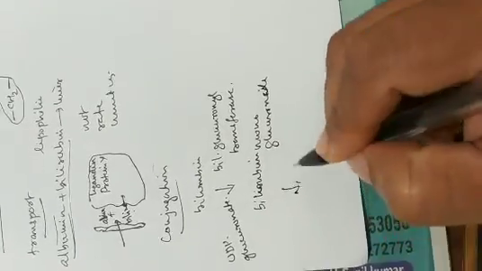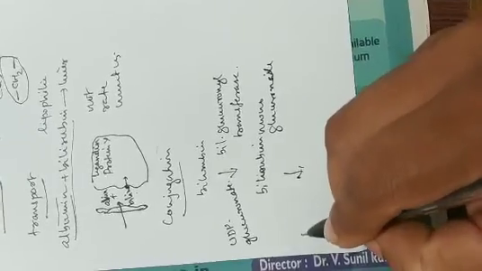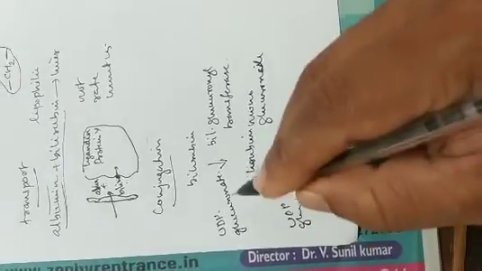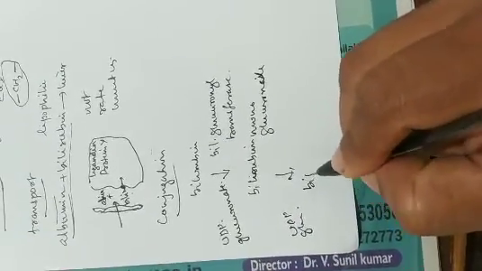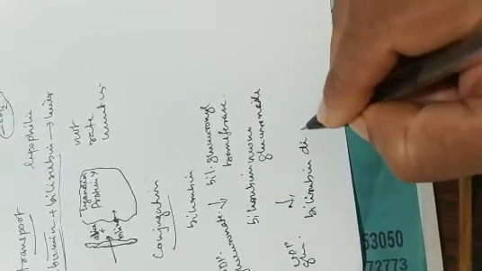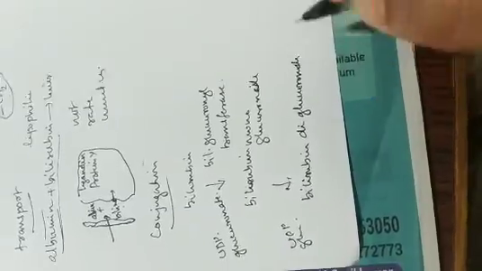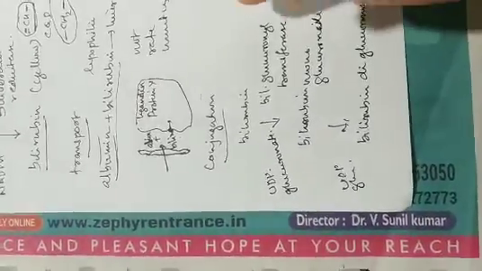And then again with the help of same enzyme bilirubin glucuronyl transferase, it accepts one more molecule of glucuronide from UDP glucuronide, forms bilirubin diglucuronate. So this is a conjugation of bilirubin.